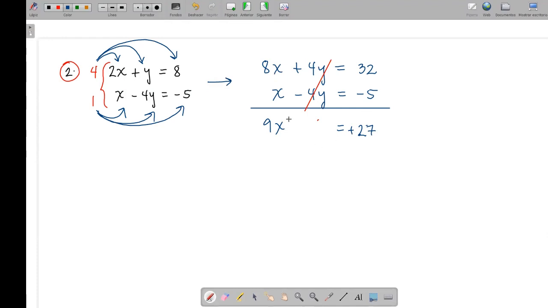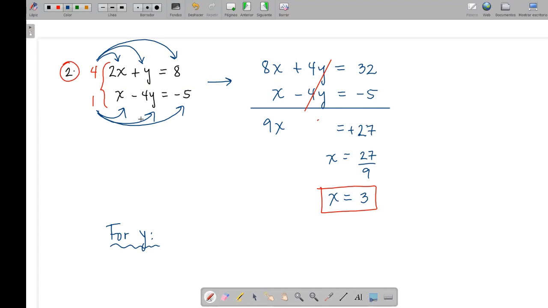Now isolating the x, we pass the 9 to the other side, dividing 27. And 27 divided by 9 is 3. So the answer is x equals 3. So as we already found the x value, the dependent variable is the y. So I'm going to write here 4y. We're going to take either of the two equations, the equation you want.